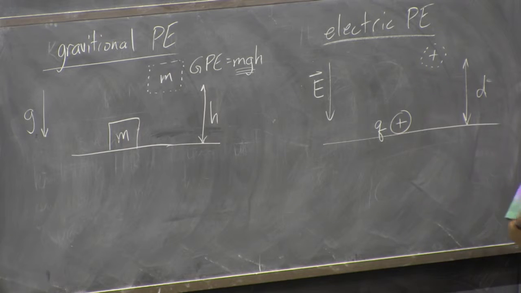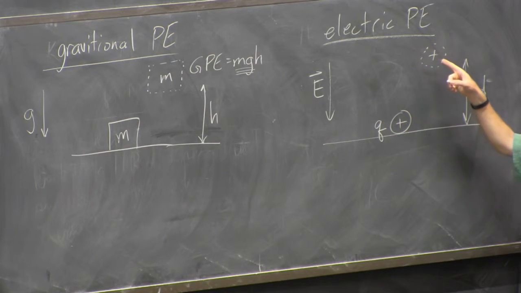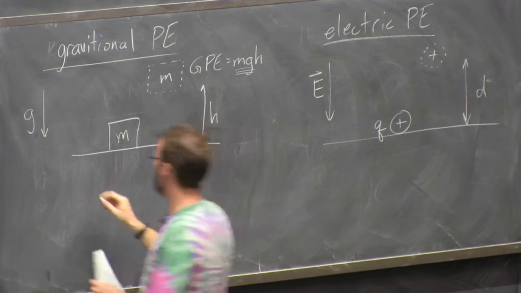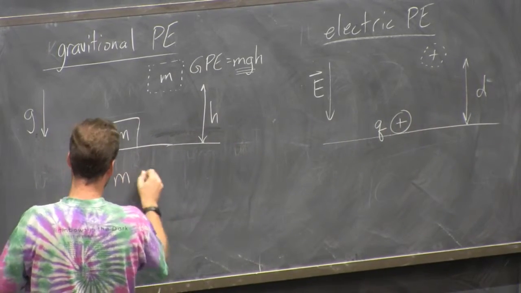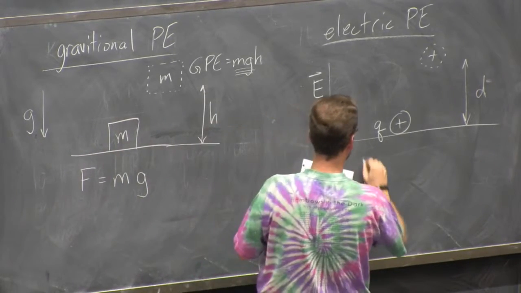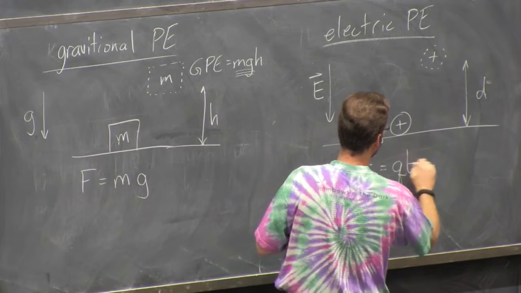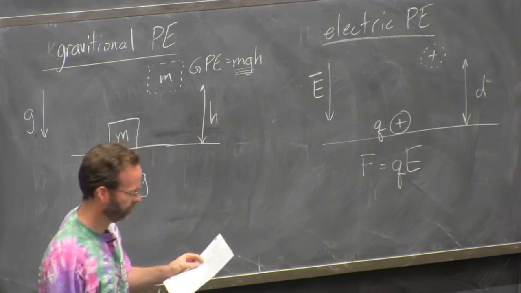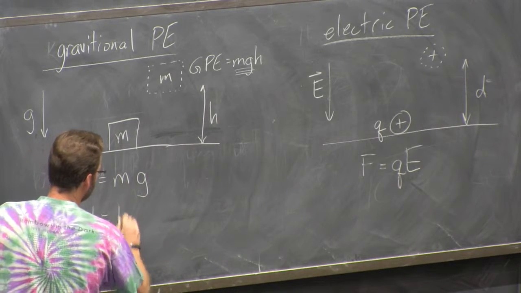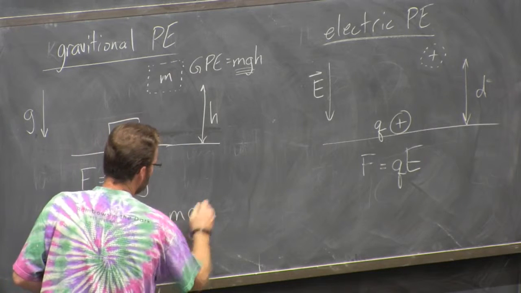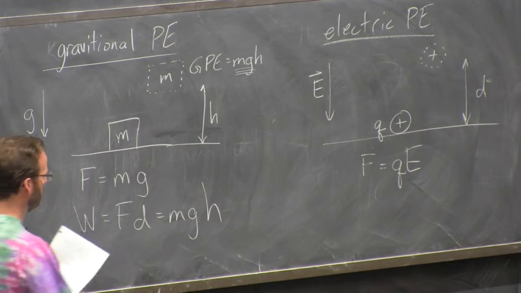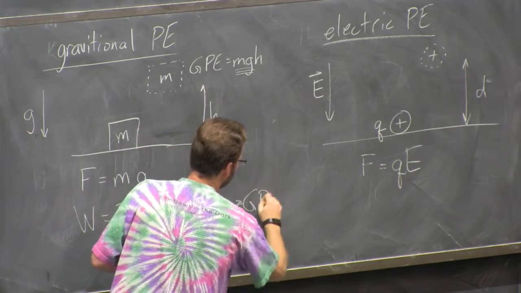So you'd have to put energy in to move it against the field for that given distance. Over here, the force you have to apply, yeah, it's mass times gravity. Over here, the force is the charge times the electric field. Work, force times distance, mg times the distance, h. That becomes the gravitational potential energy.